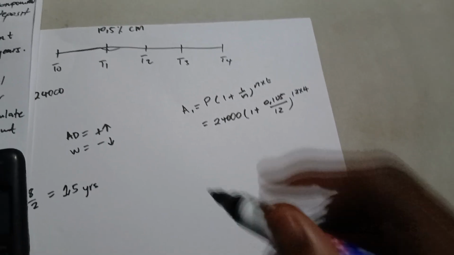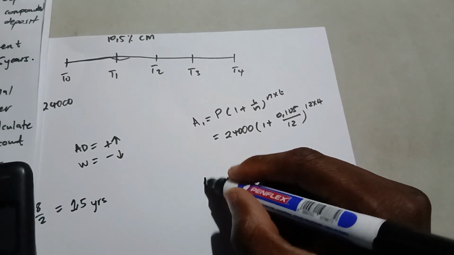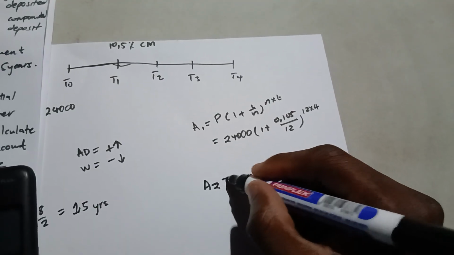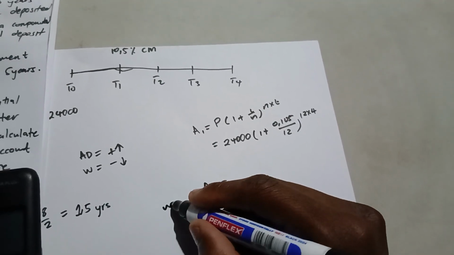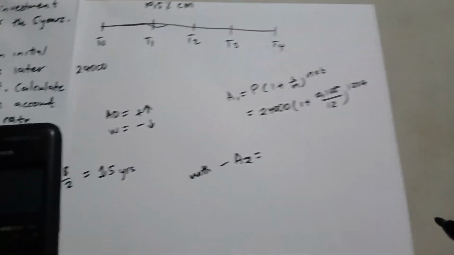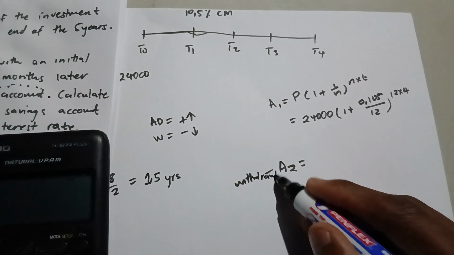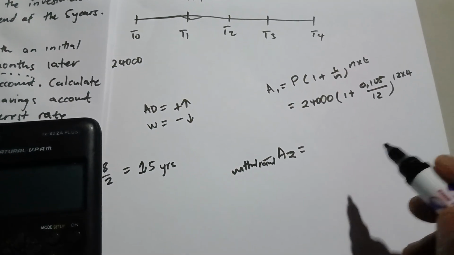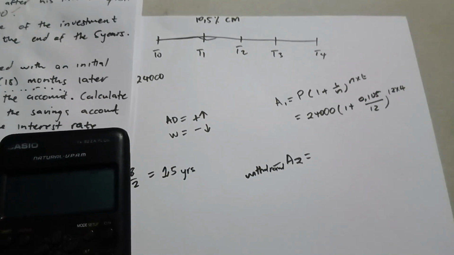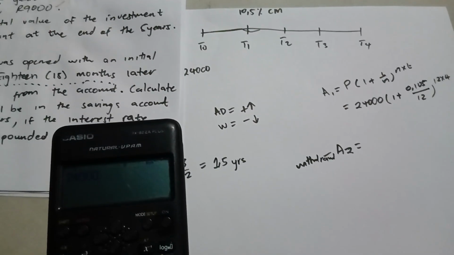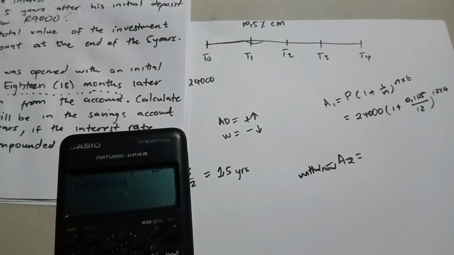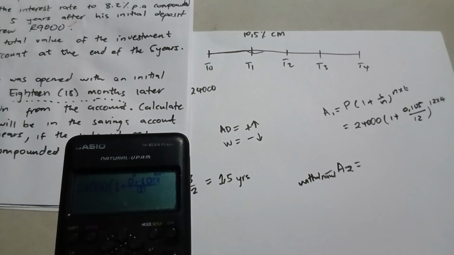This is for the withdrawal. Remember, as I said, it's not going to be just 7,000 subtracted from the accumulated amount. It's also going to affect the interest on that particular 7,000.